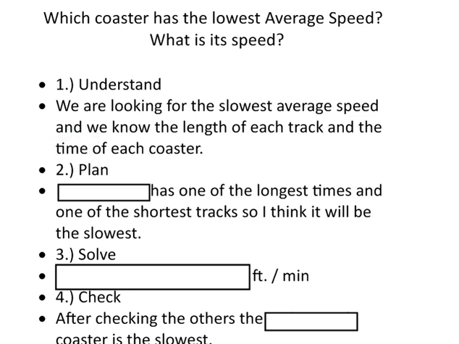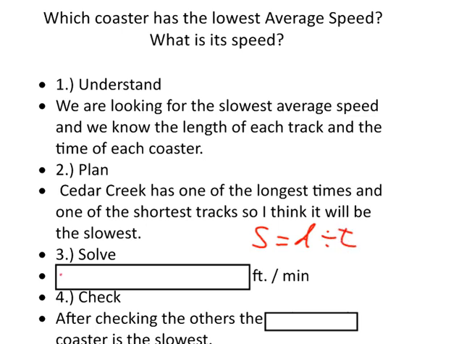The next thing is to develop our plan. Cedar Creek has one of the longest times and one of the shortest tracks, so I think it will be the slowest. We're going to use our same equation from last time, which is that speed is equal to distance divided by time.